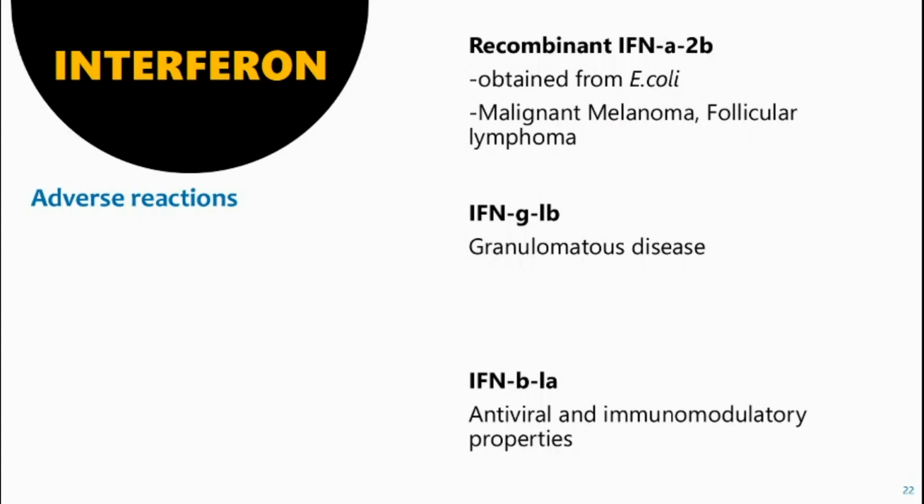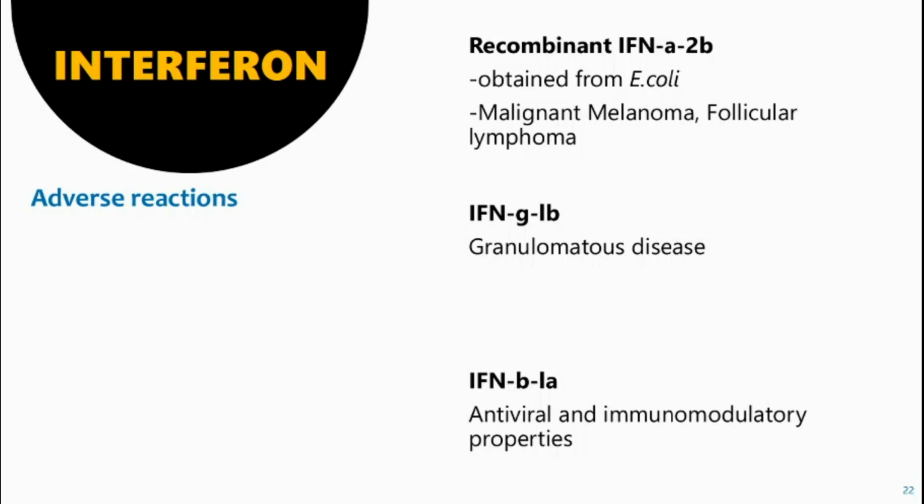Interferons are of many types, some of which are recombinant IFN-alpha-2b, IFN-gamma-1b, and IFN-beta-1a. Recombinant IFN-alpha-2b is obtained from Escherichia coli and is used in malignant melanoma and follicular lymphoma.